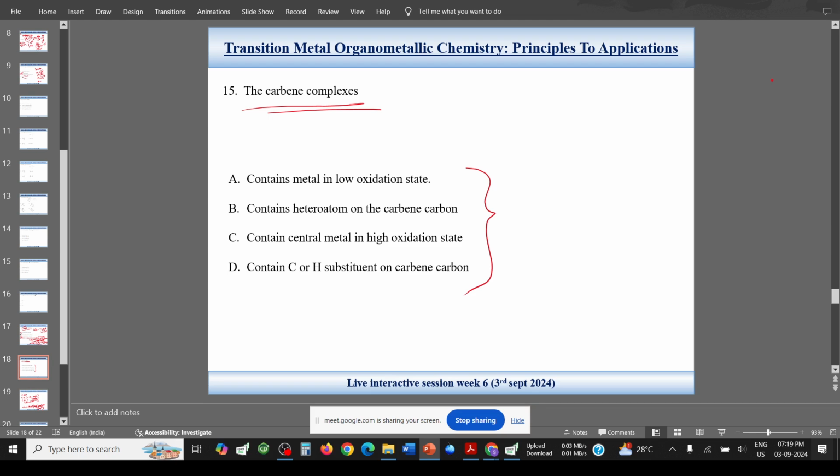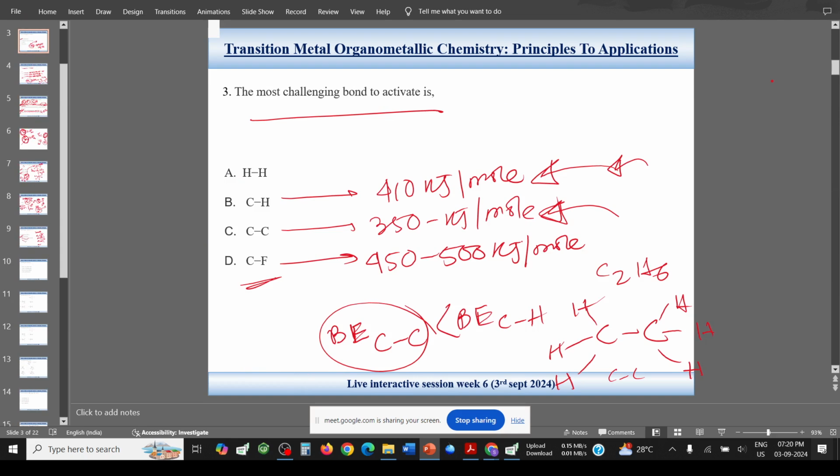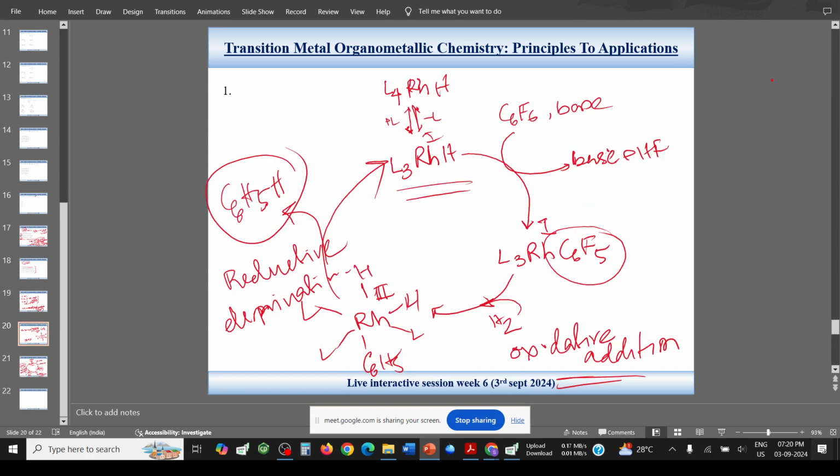It can be any heterocyclic carbene also. Okay, so you see the carbene complexes, the general statement. Carbene complexes contain metal in low oxidation state. Yes. In which type of carbene does it contain a low oxidation state? In Schrock type of carbene?